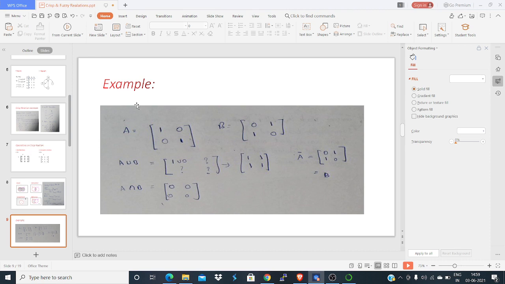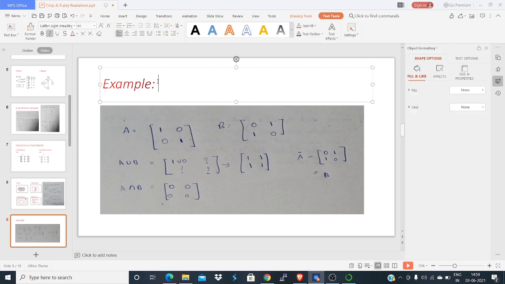Here, let's take A as 1 0 0 1, B equal to 0 1 1 0. First, let's write the result values. 0 union 0 is 0. For the rest, 0 union 1, 1 union 0, 1 union 1, for all of these it's 1.